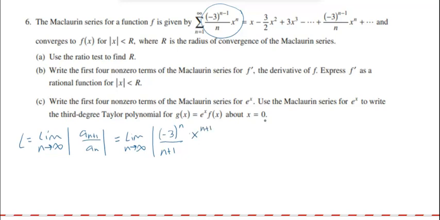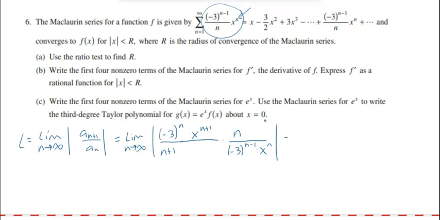I'm going to write that as if it's in the top because I know it is. And then I'm going to copy, dot, flip, and leave everything else with n's. So I'm going to get an n in the top. Remember, this piece is in the top of the main fraction, so when I copy, dot, flip, it becomes in the bottom. So I'm going to get negative 3 to the n minus 1 times x to the n.